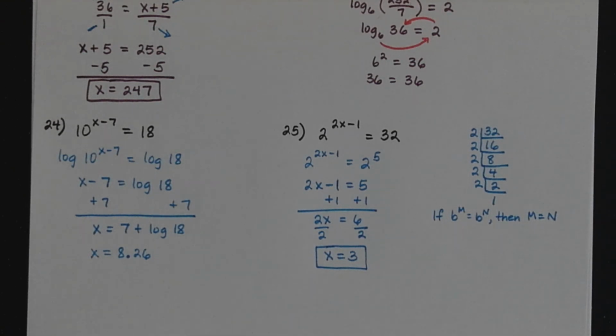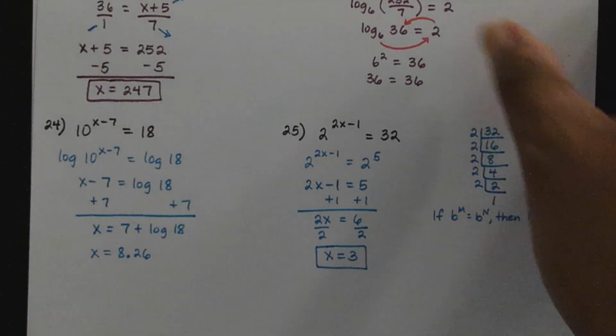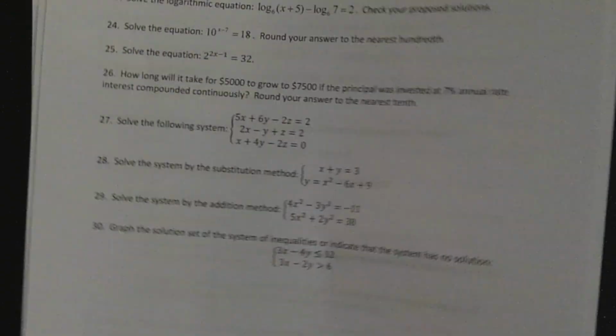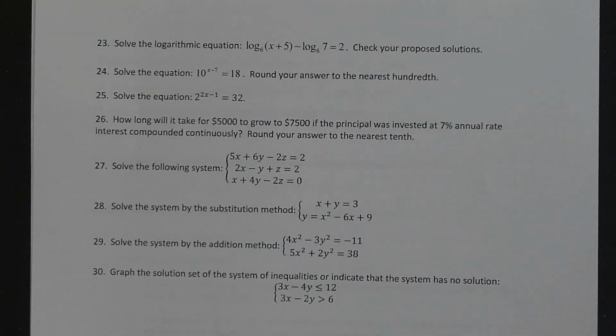Okay. All right, number 26 is a compound interest problem. And it states here, how long will it take for $5,000 to grow to $7,500 if the principal was invested at 7% annual rate interest compounded continuously?